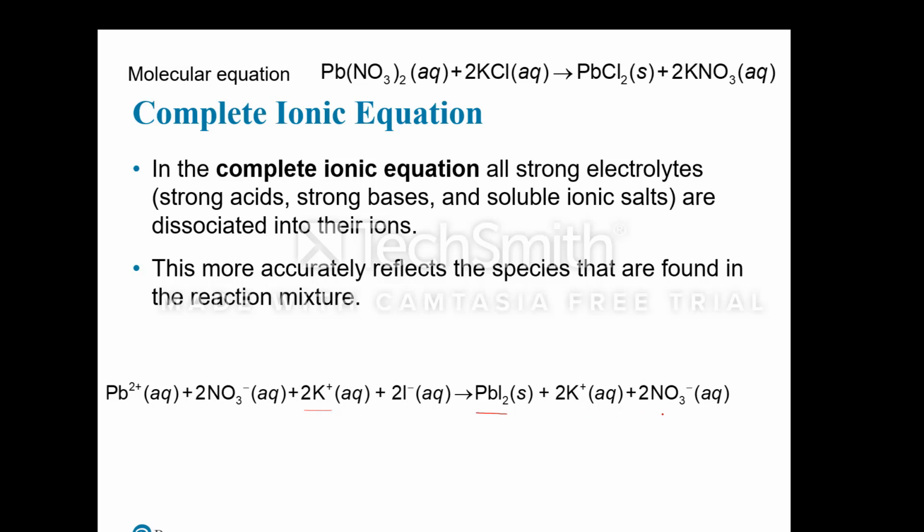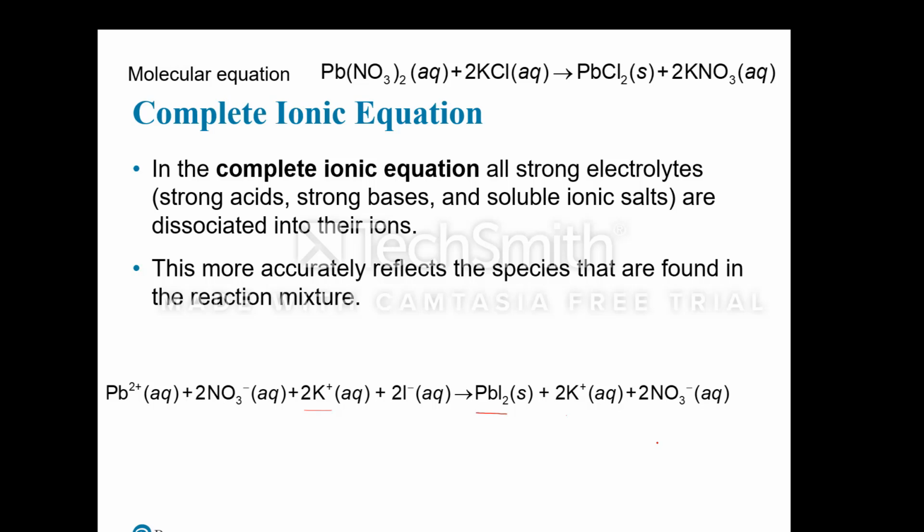So we write our complete ionic equation as aqueous lead 2+ plus 2 nitrate ions that are aqueous plus 2 potassium plus 1 that's aqueous plus 2 iodide ions that's aqueous produces lead 2 iodide plus 2 potassium ions that's aqueous plus 2 nitrate ions that's aqueous. So this is our complete ionic equation.